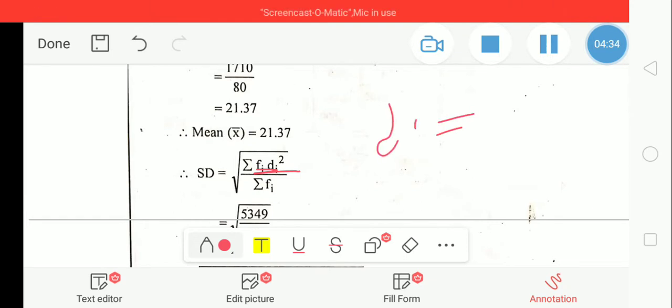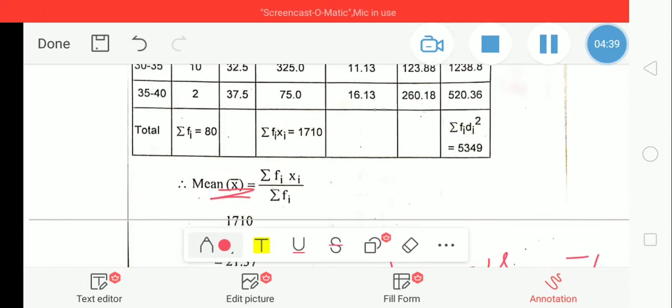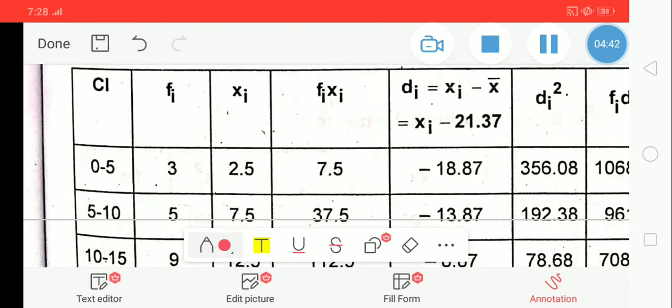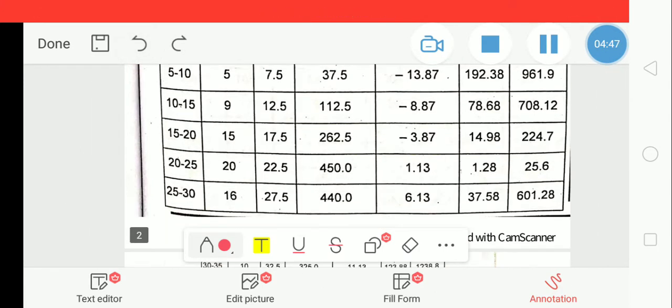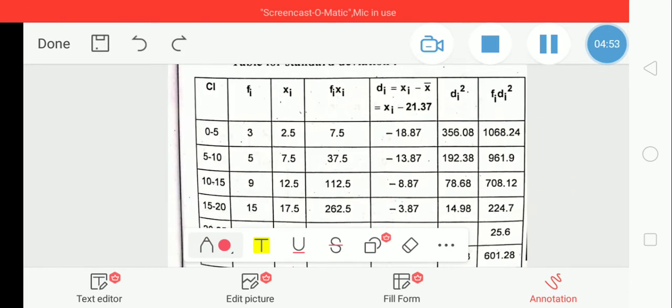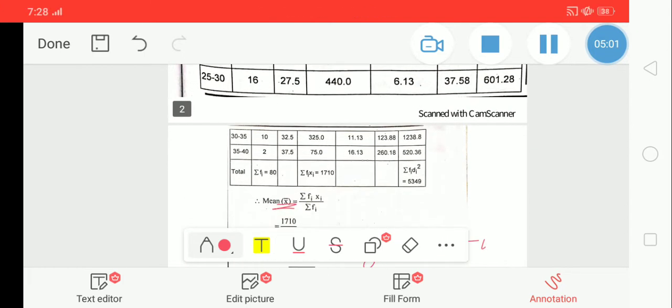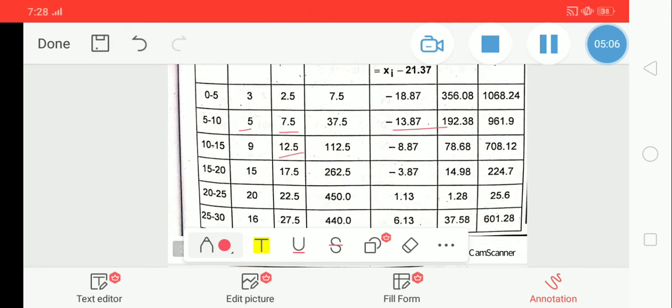Now we want di square. We know that di means xi minus x bar. So xi, 2.5 minus x bar, where x bar is 21.37. Then 7.5 minus 21.37, 12.5 minus 21.37, and 17.5 minus 21.37.